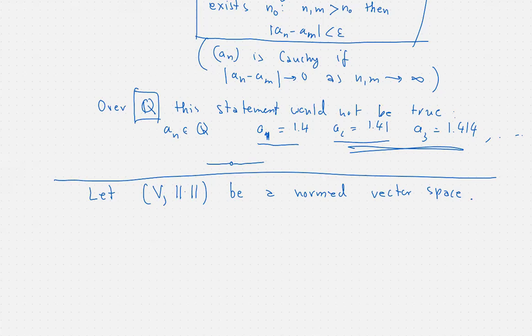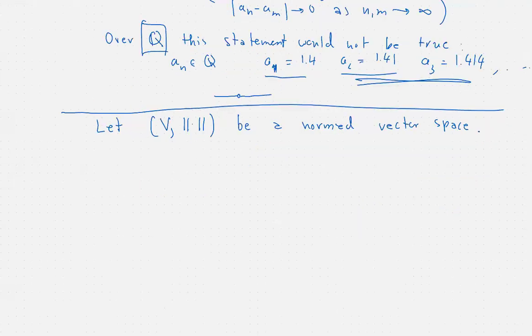So if u_n is a sequence of elements of V, it doesn't really matter, but I feel better thinking of vectors as being described by the letter u.